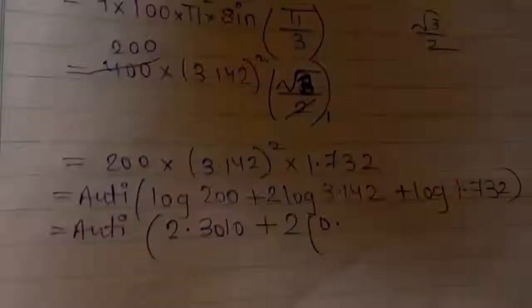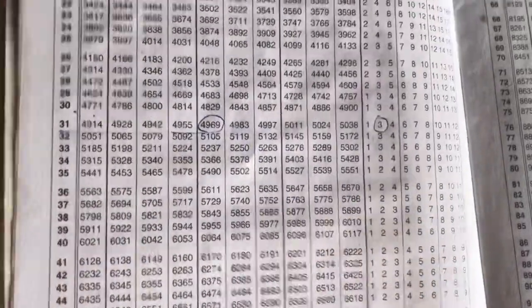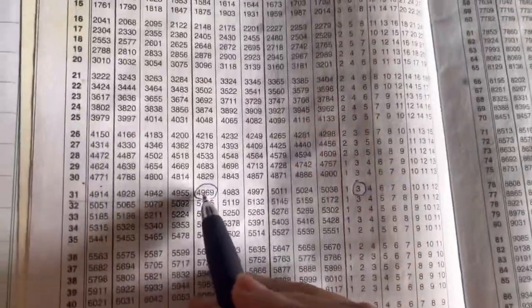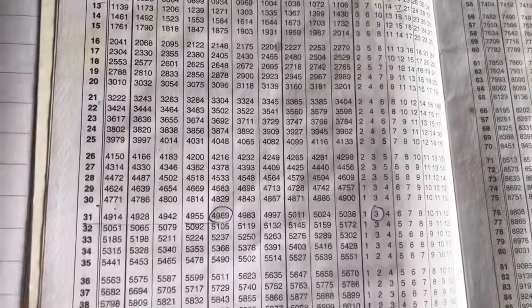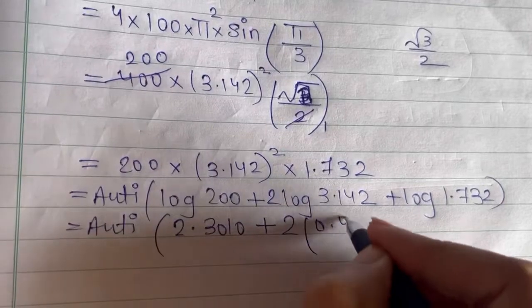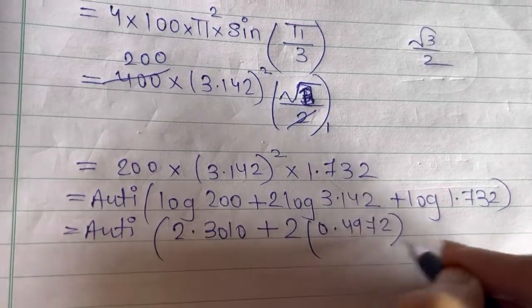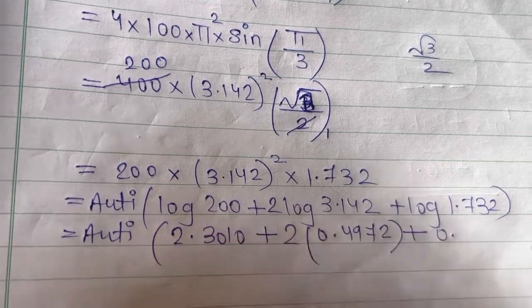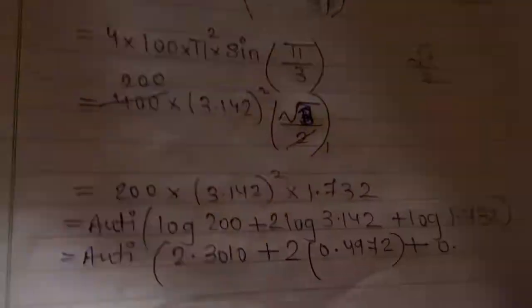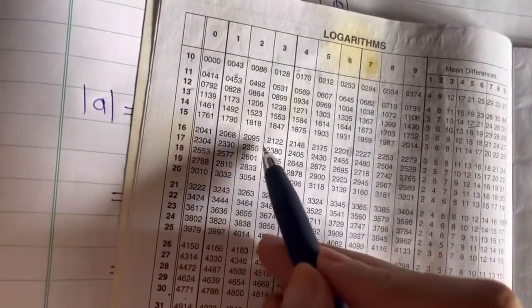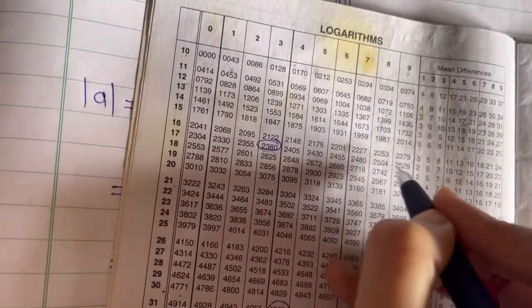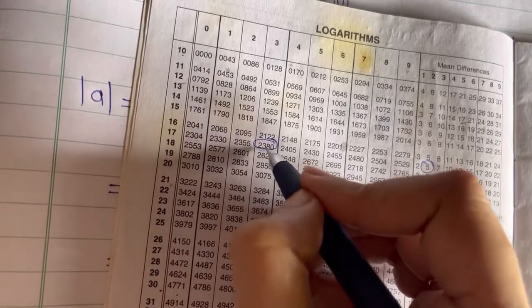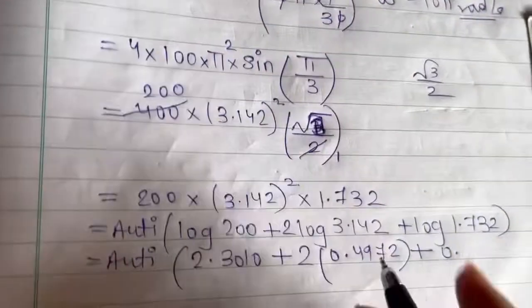For 31, column 4 and column 2: 4969 plus 3, that is 4972. Plus log 1.732, you have just one digit, so 1 minus 1 is 0. For 17, column 3 and column 2: 2380 plus 5, so 2385.